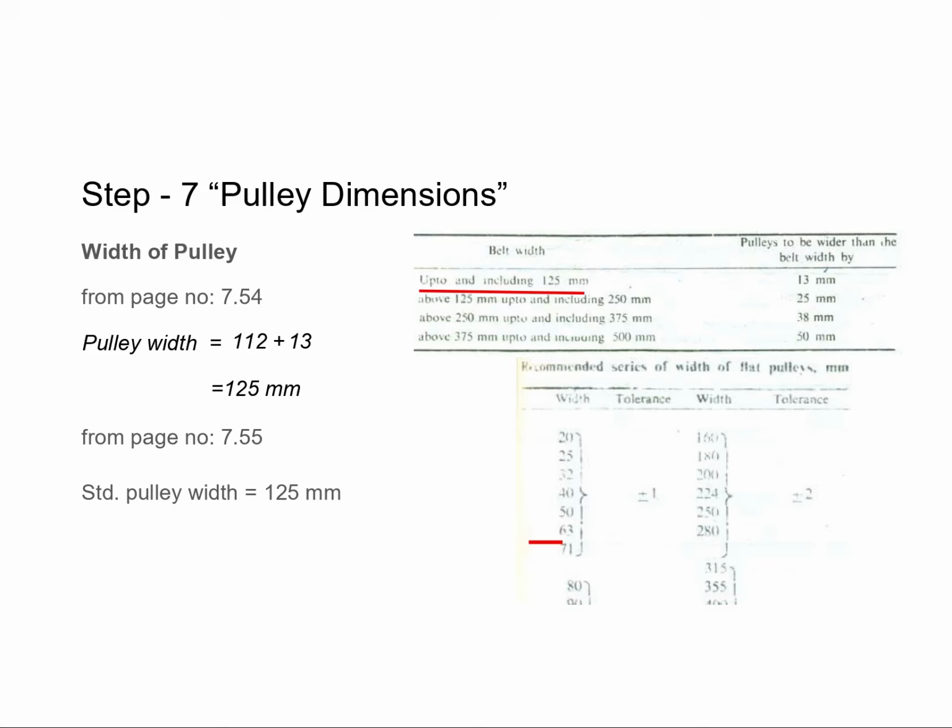Up to and including 125 mm belt width, 13 mm should be added. So pulley width equal to 112 and extra size 13 to be added, so 125 mm. Next we have to check whether a standard pulley with 125 mm is available or not. In the design data book we are checking and 125 is available.